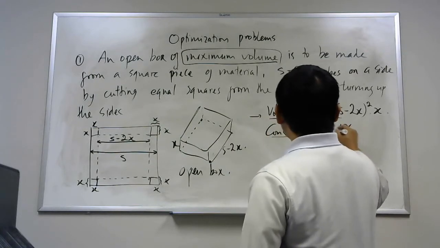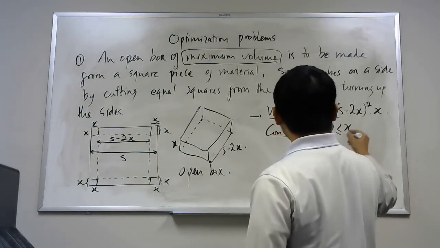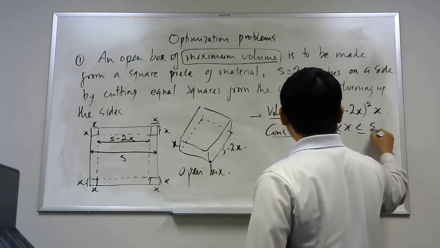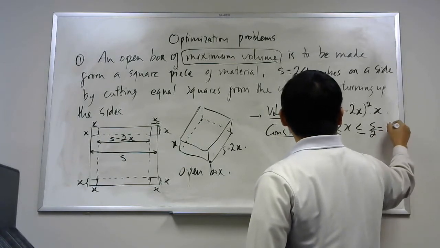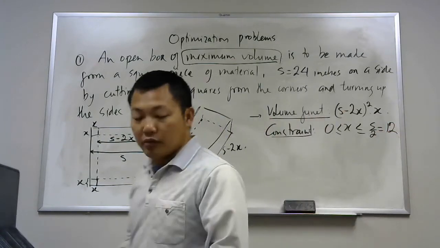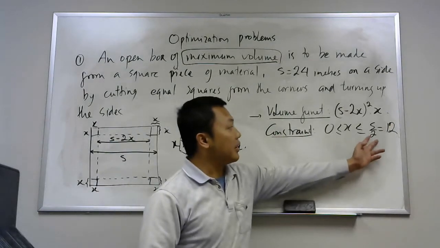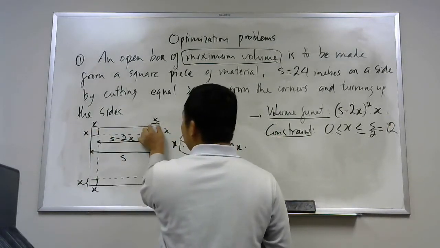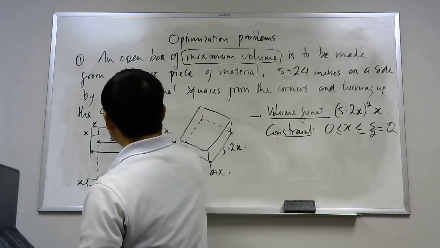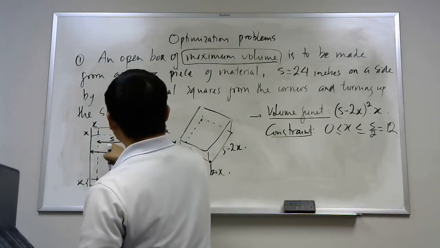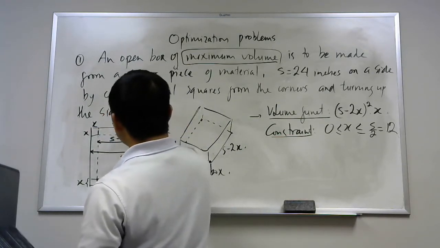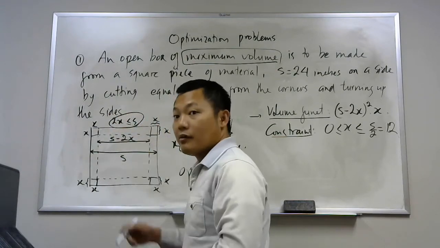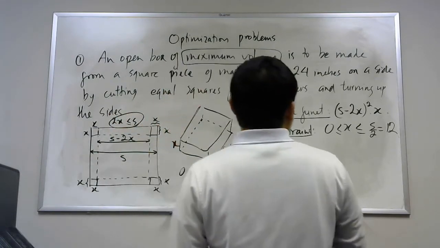X should be, of course, greater than or equal to 0, but less than or equal to s over 2, which is 12. Let me tell you one more time, why do we have s over 2 in here? Because when you add x in here and this x together, you get 2x, and 2x should be less than or equal to s. So that's why we have x less than or equal to s over 2.